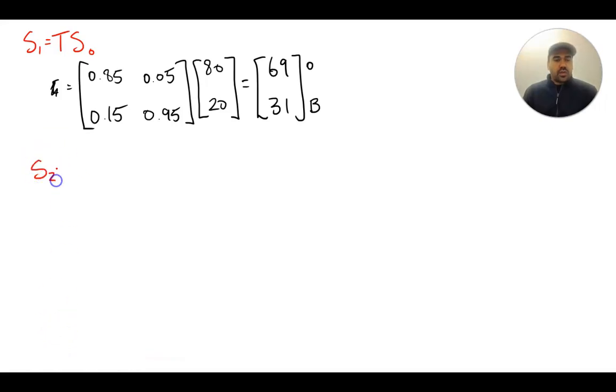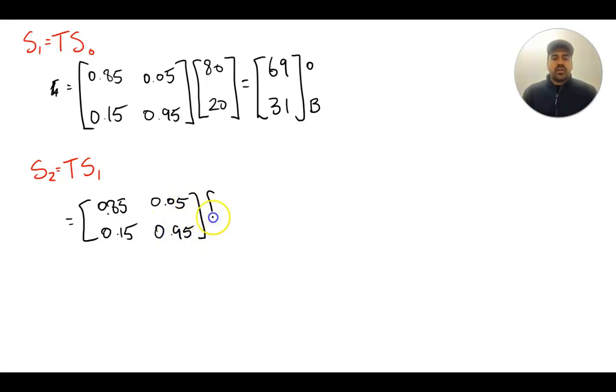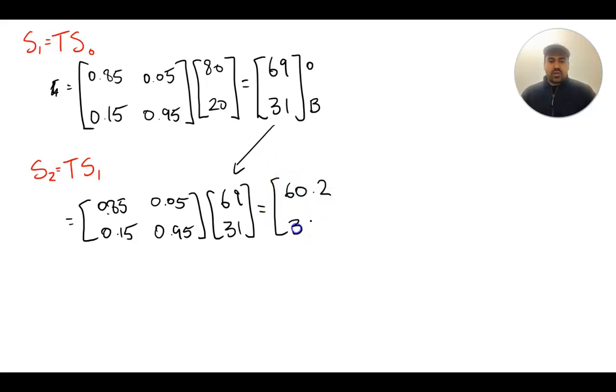Now, just like any recurrence, to get your S of 2, you get your transition matrix and you multiply this by the previous one. So again, this stays locked in, 0.85, 0.15, 0.05, and 0.95. We're now going to multiply this by 69 and 31. So that came from S of 1 here. When you put this into your calculator, you will get 60.2 and 39.8. Now the question requires us to get S of 3.